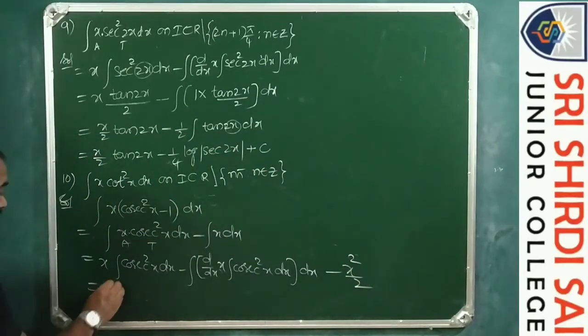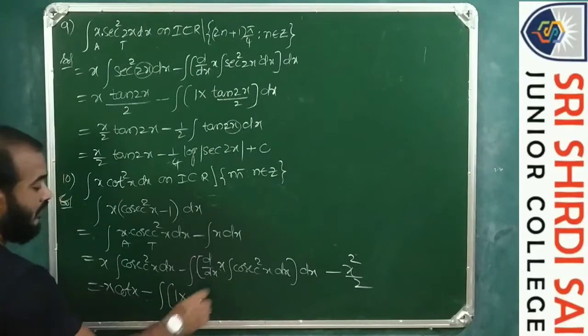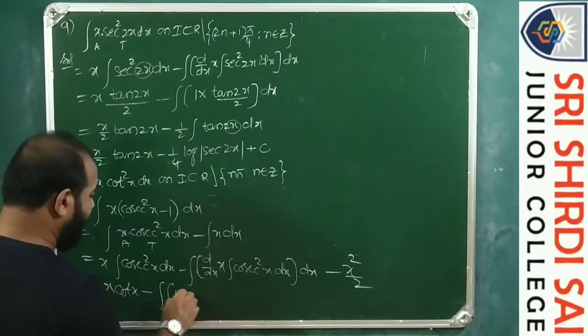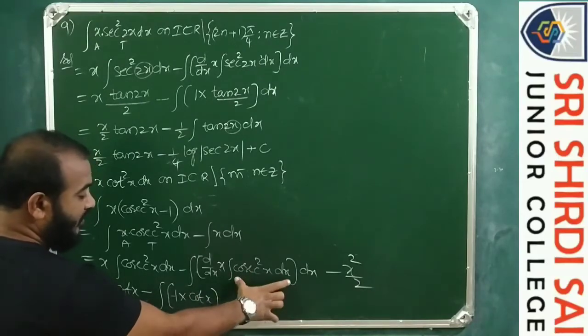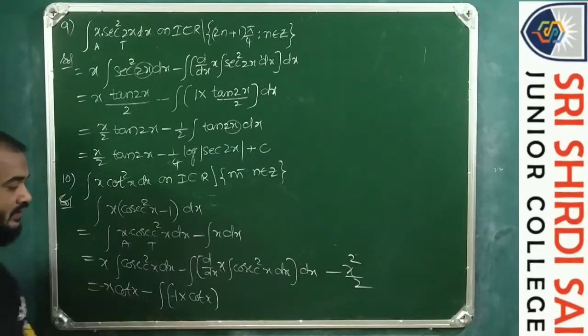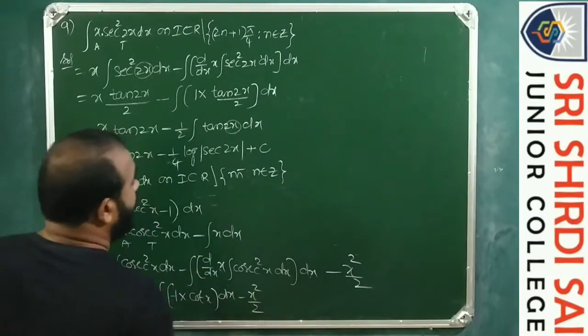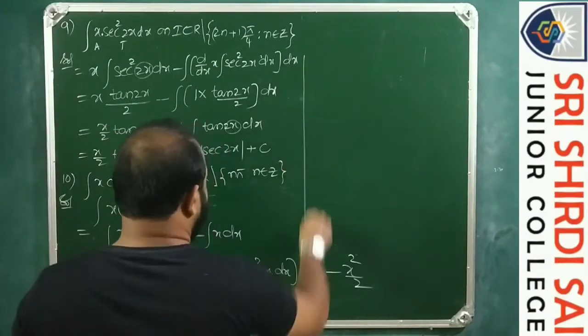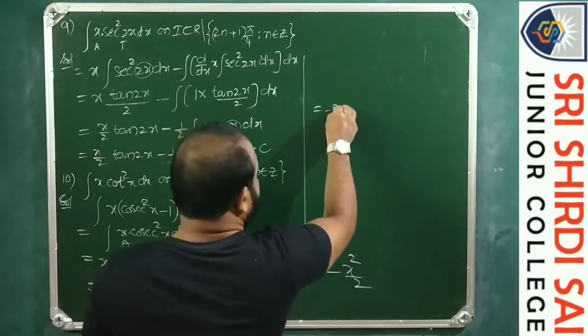So this is x into integral cosecant square x dx is minus cot x, minus d by dx of x is 1. Integral cosecant square x dx is minus cot x dx minus x square by 2. This is equals to minus x cot x.